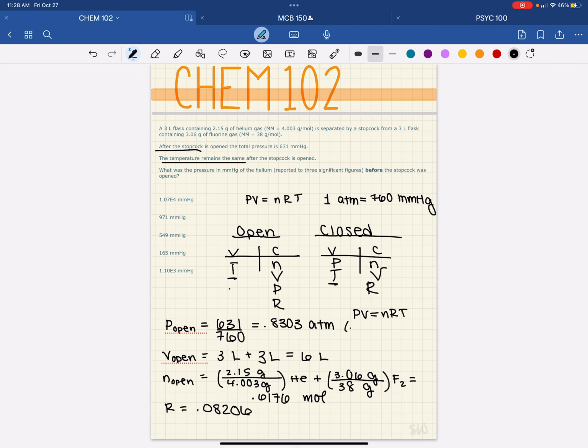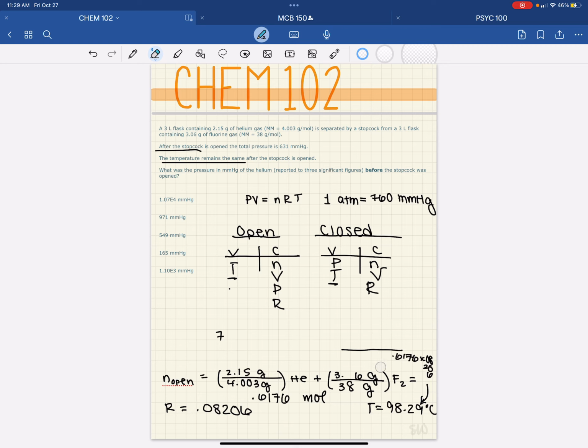I know my pressure is 0.8303 times my volume, which is 6, equals 0.6176 times 0.08206 times T. Now I'm going to divide by 0.6176 times 0.08206 on both sides, which is going to give me T equals 98.29 degrees Celsius.